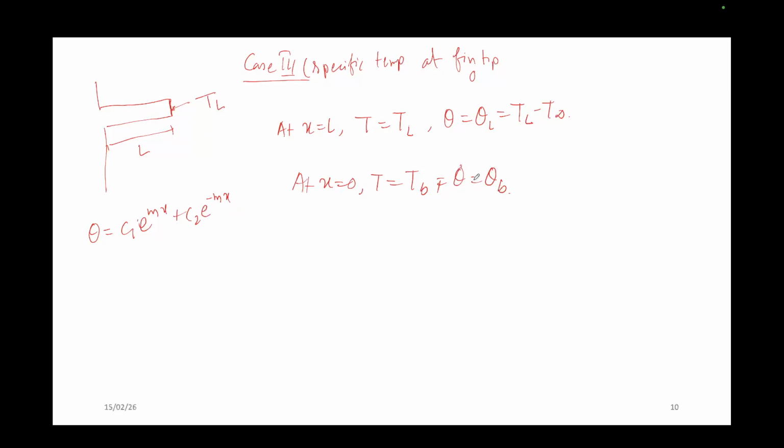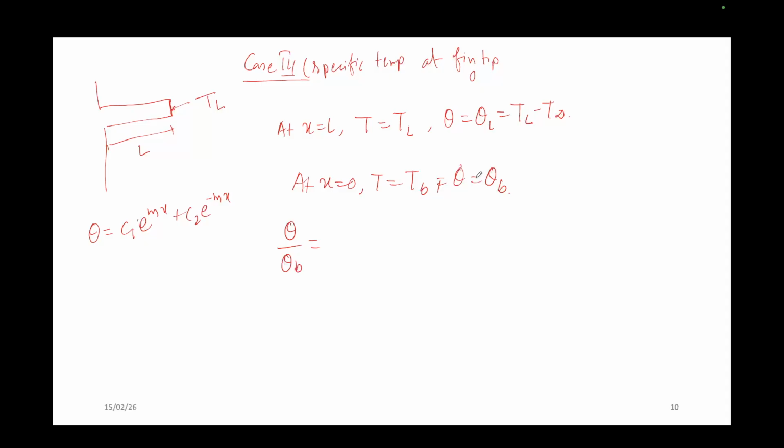I am not solving this, so please try to solve it at home. The main answer that you get is important. I am writing theta by theta b. This is quite a lengthy equation.